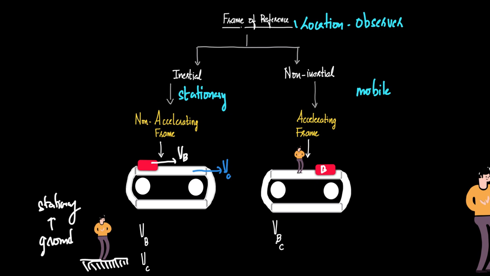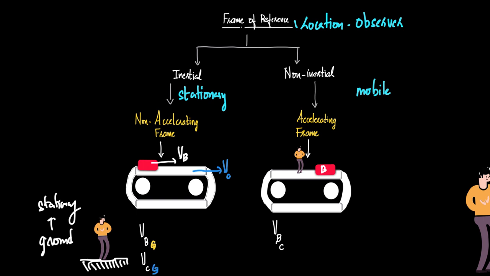Okay. To be more precise, where is this man standing? He is standing on the ground. What is he observing? The block or the bag. So what is the velocity? It is the velocity of the bag with respect to the ground. So this is actually VBG. Where is the man standing? He's standing on the ground. What is he observing? He's observing the conveyor belt. So what is this velocity? It is the velocity of the conveyor belt, to be more precise, with respect to the ground.